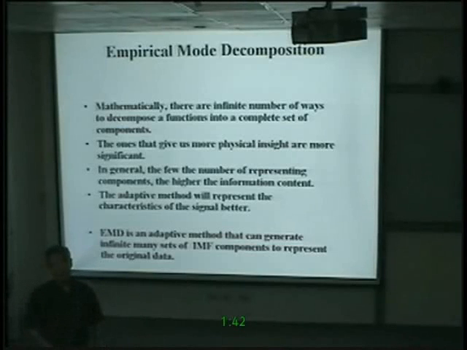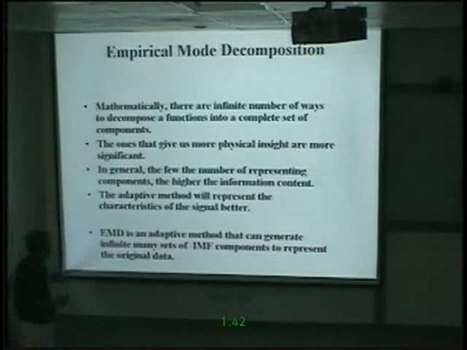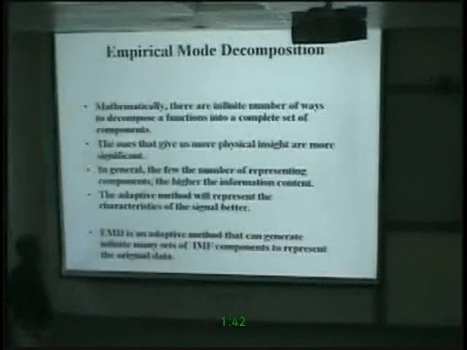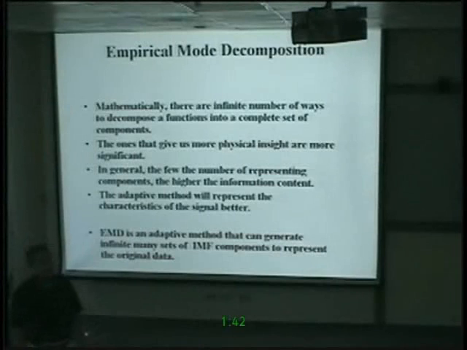Now, in general, the fewer the number of components in the decomposition, the more information each component contains. This is information theory. Like Fourier decomposition: if you give it n data points, you get one half n components. So 1,000 data points, you get 500 components, and each one has very limited information content.